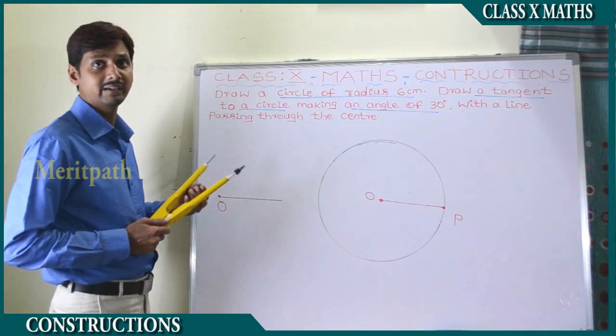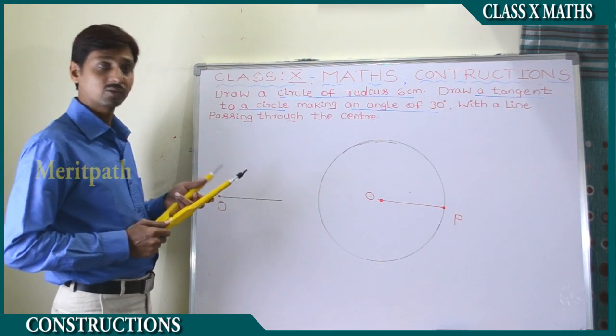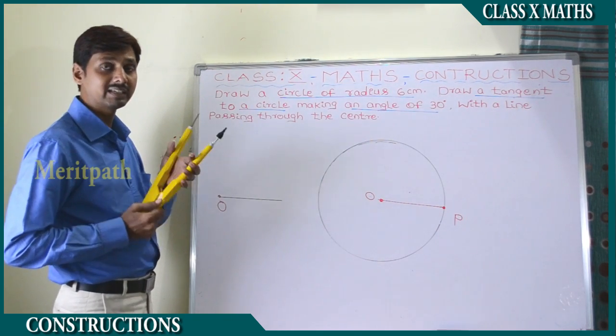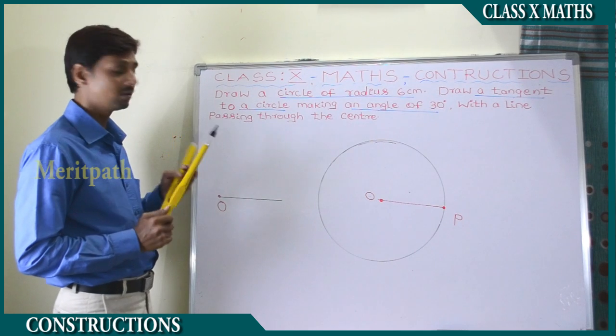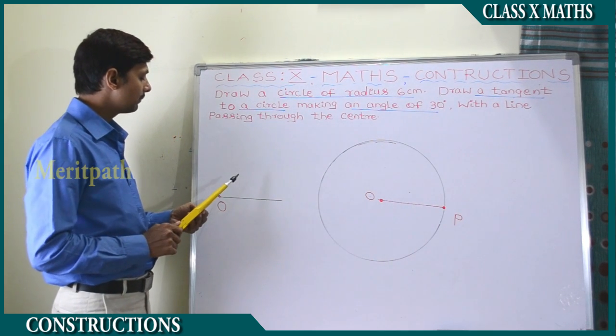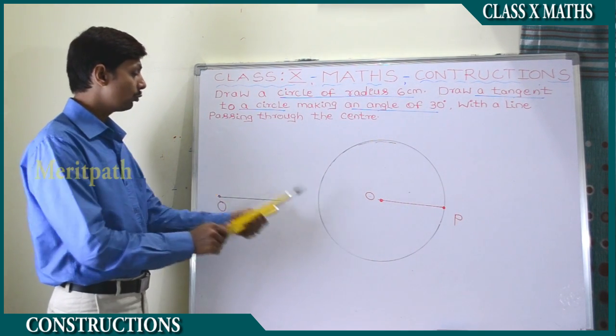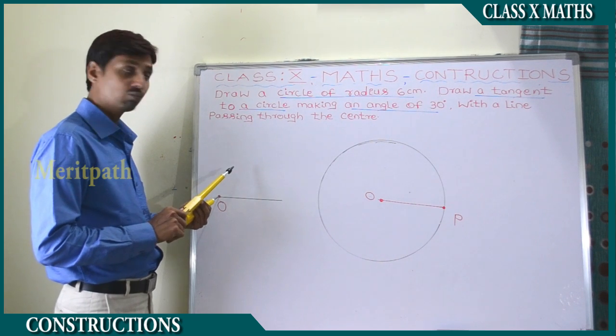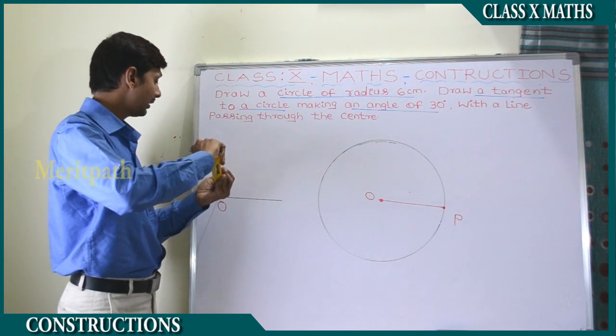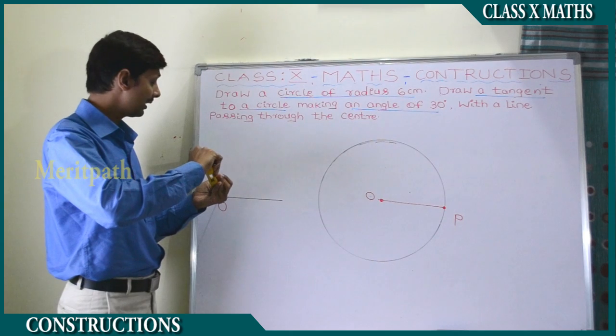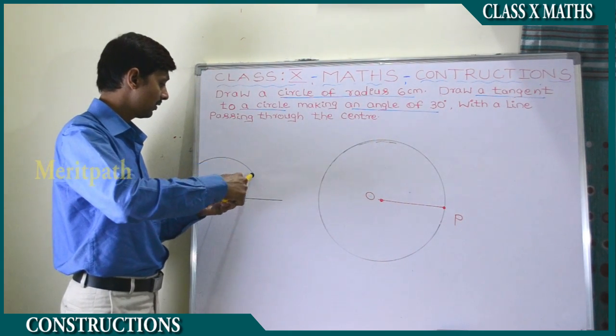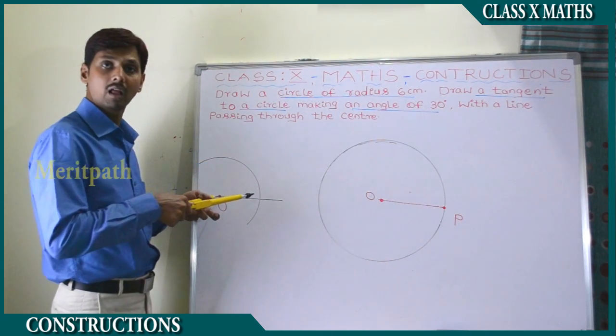We can take any radius, it's not only 1 or 2. For example, we are taking 2 centimeters radius on the compass, and we make an arc using the point O.